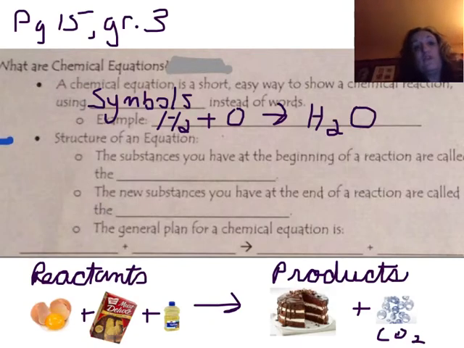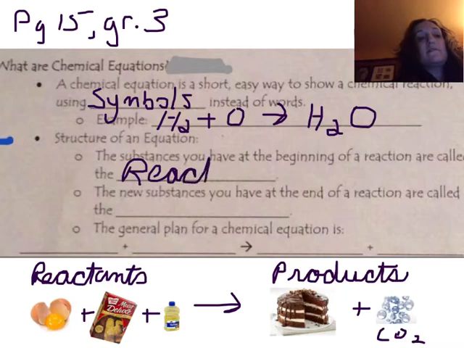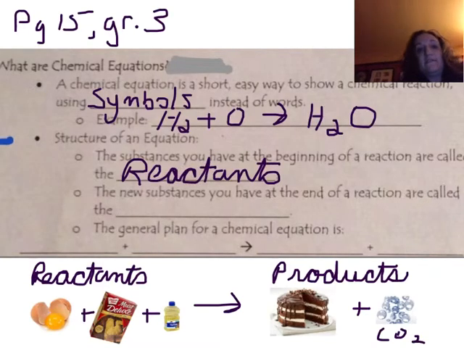So the structure of an equation. So there's a structure to it. Okay. First bullet. The substances you have at the beginning of the reaction are called the reactants.